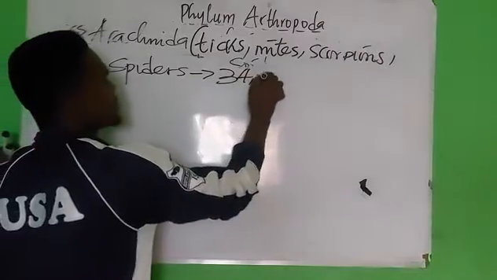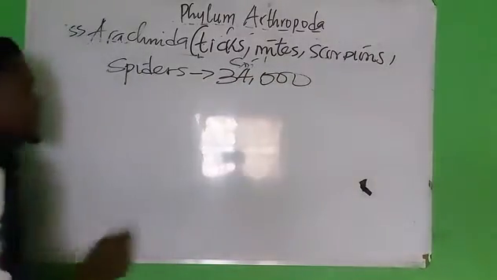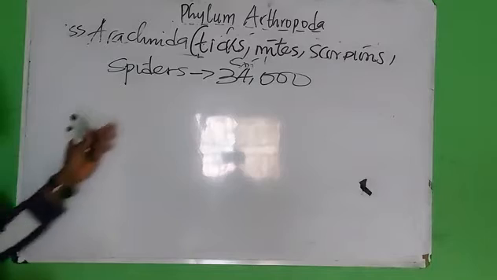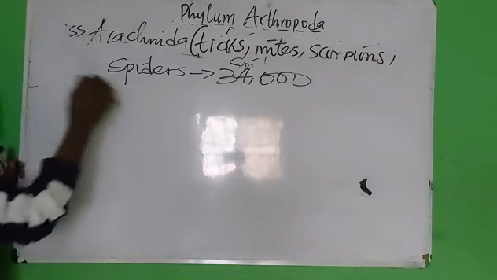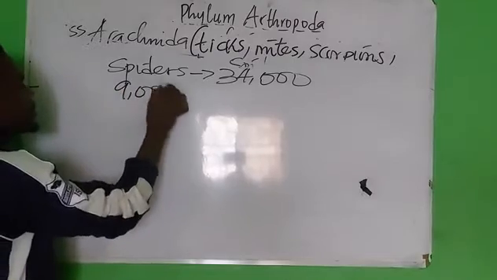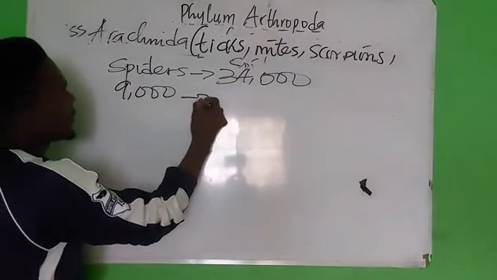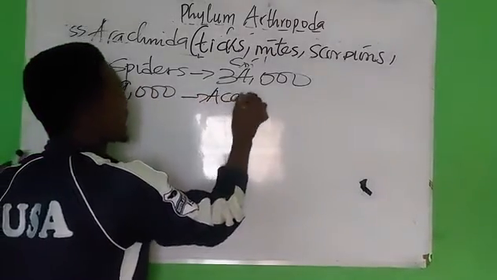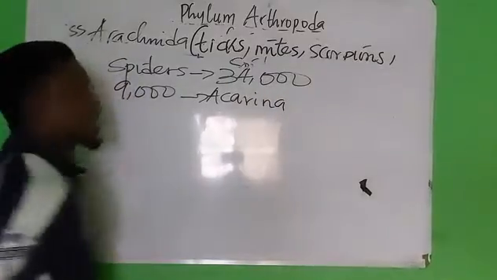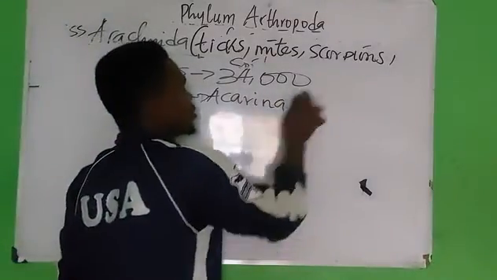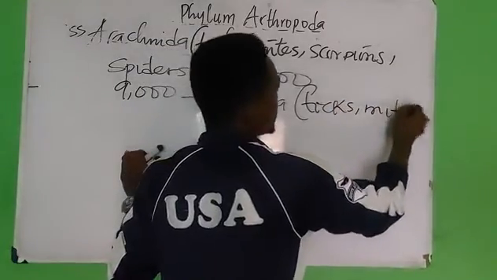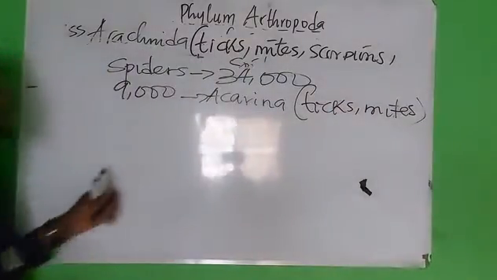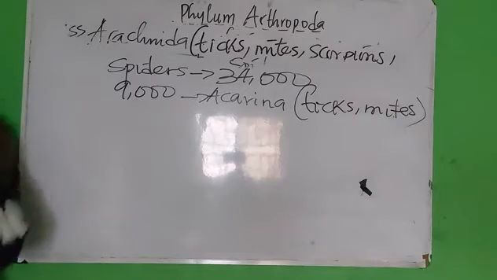There are over 34,000 species of spiders, and 9,000 species of Acarina. In Acarina, you have the ticks and mites making up Acarina. Take note of that.